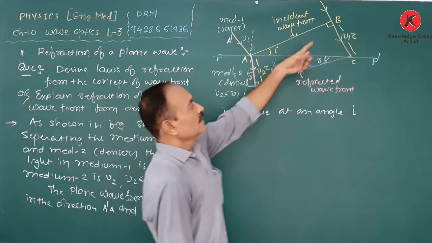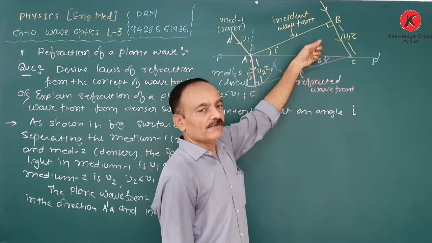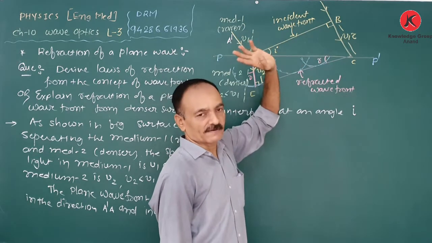Now, already we know that the velocity of this plane wave front in medium 1 is v1.